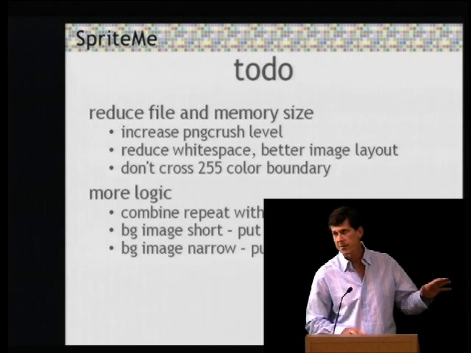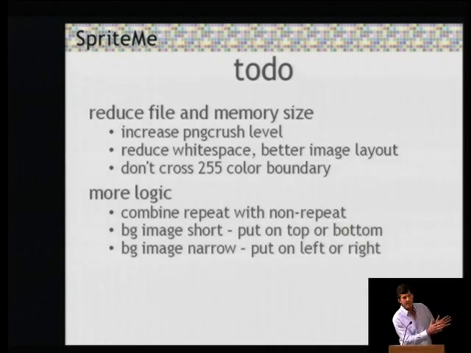But if your non-repeating images are in a vertical sprite and you have something that repeats horizontally, and the width of that horizontally repeating image is wider than the vertical sprite, you could actually combine repeating images with non-repeating images in a single sprite. There's a couple other test cases here.